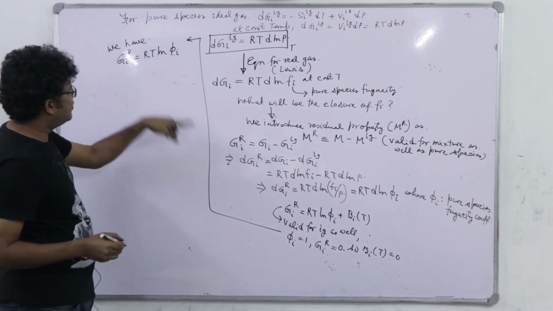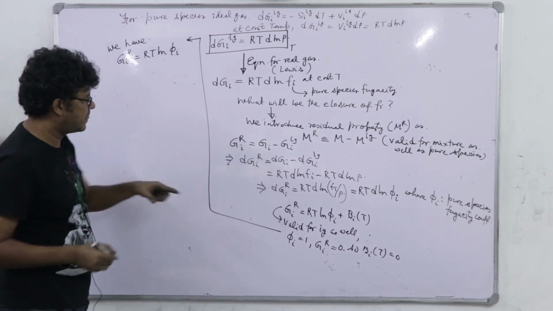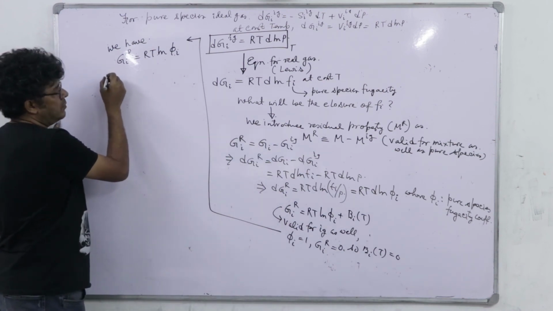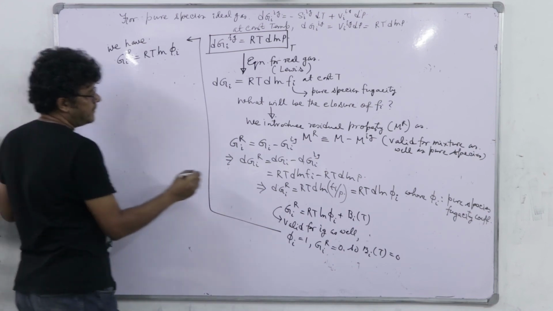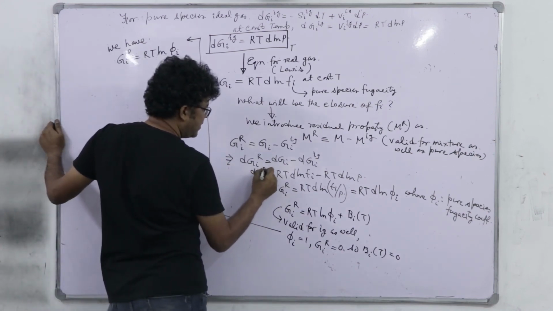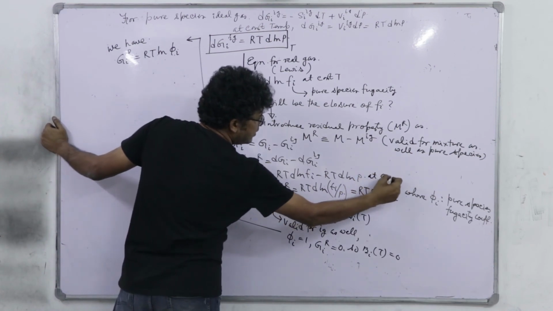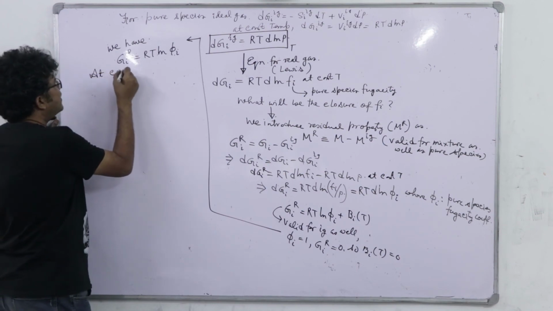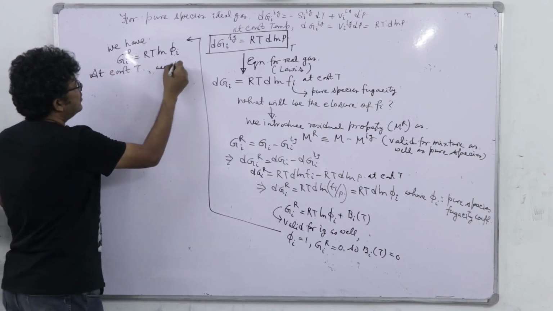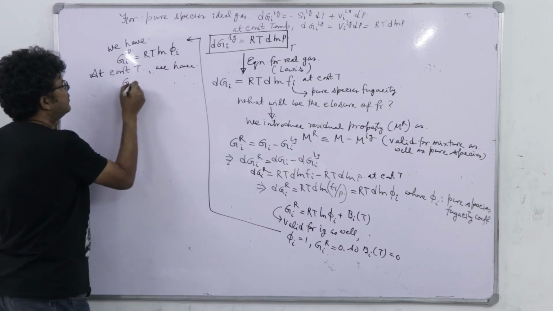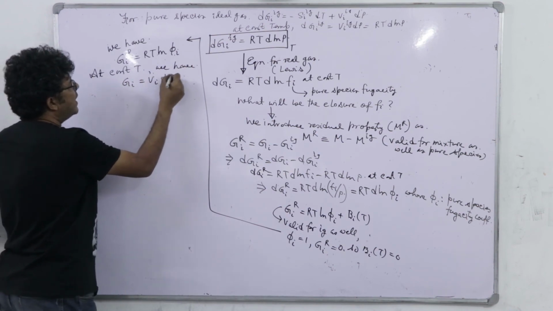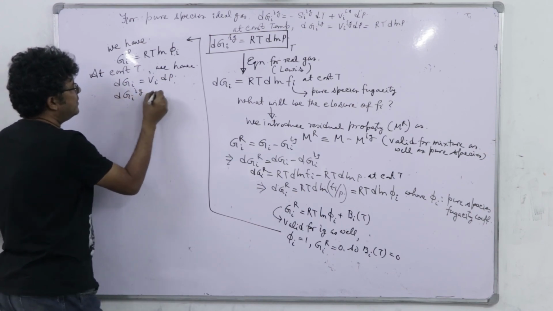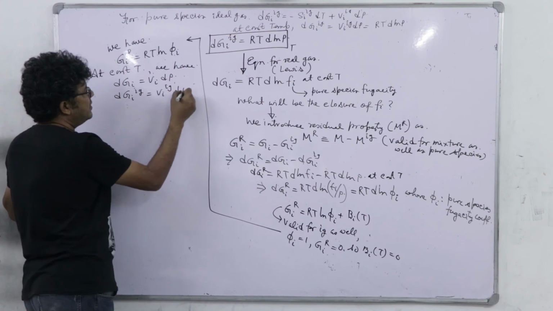Now, GiR we will calculate in a different way, using the fundamental definition of Gibbs energy. So, this is dGiR, here at constant temperature. Now, at constant temperature we have dGi equal to Vi dP, and dGiIG equal to ViIG dP.